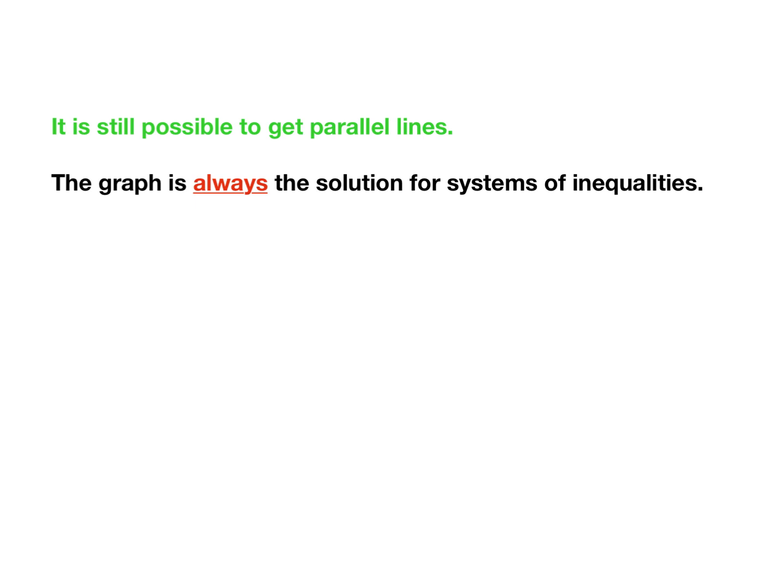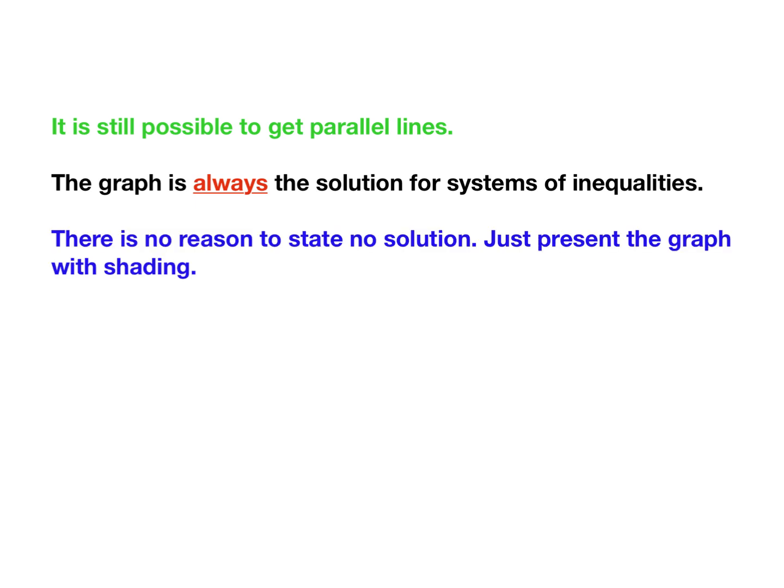For systems of inequalities, the graph is the solution. There's no reason to state no solution. Just present the graph with the shading and you're good. Because what will happen with parallel lines, you have one of two situations. You're shading in between the parallel lines, sort of filling it in, or you're shading on the outsides of those parallel lines.